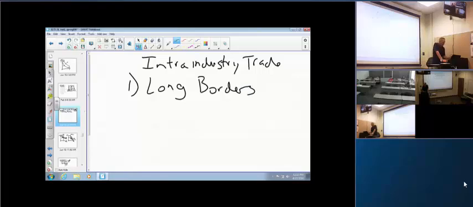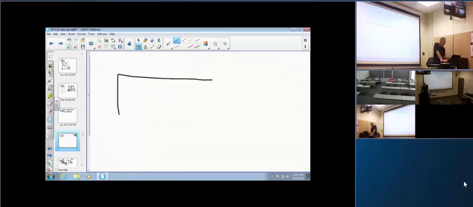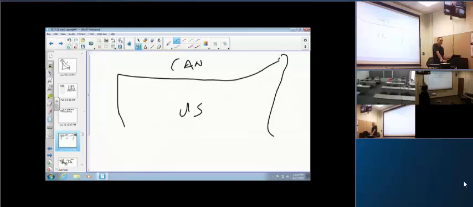Take the border between the United States and Canada, the Great Lakes. Here's Canada, here's the U.S. There's our border. I'm just doing part of it there. Good enough? Don't be picky. We might grow apples over here in Washington State.